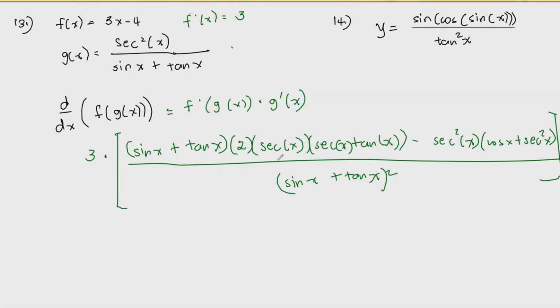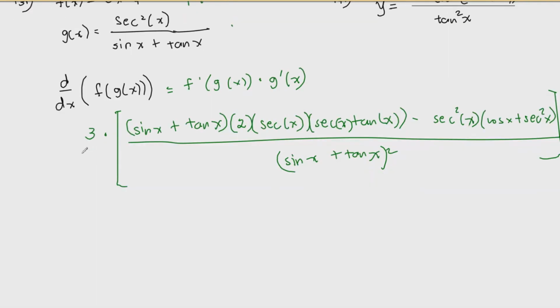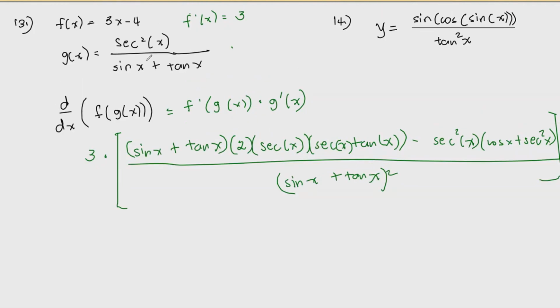So the answer is this long term here, obtained from the product rule, and then multiply it with 3. So that's the answer, and then you add some dx, don't forget it.